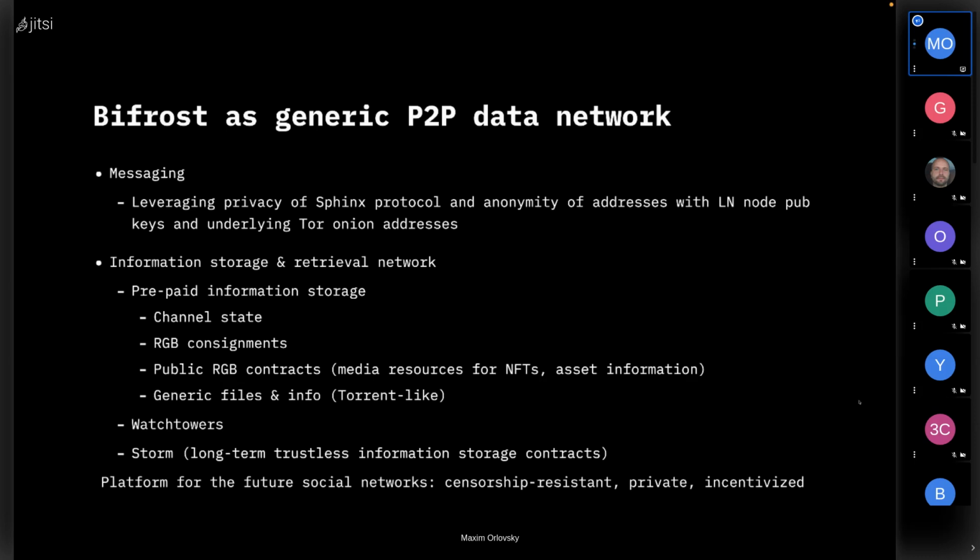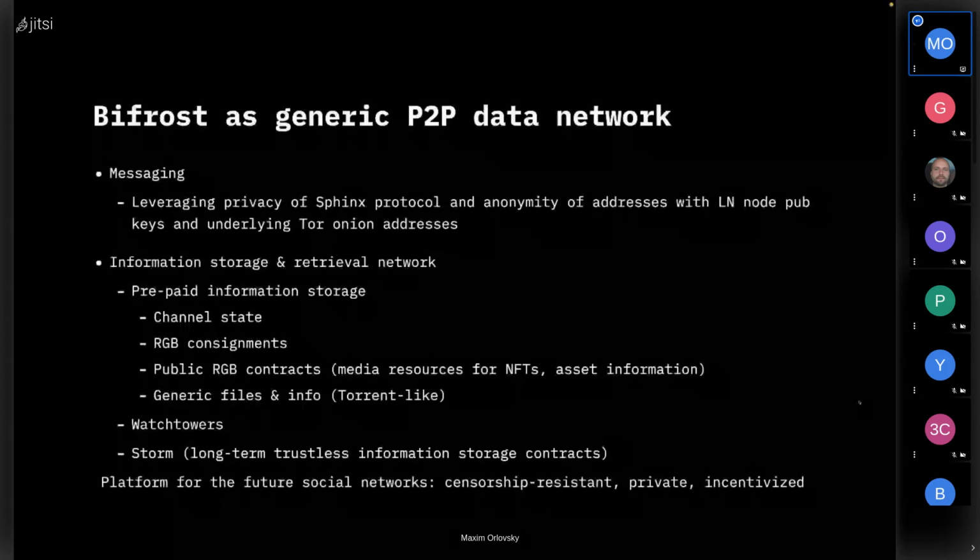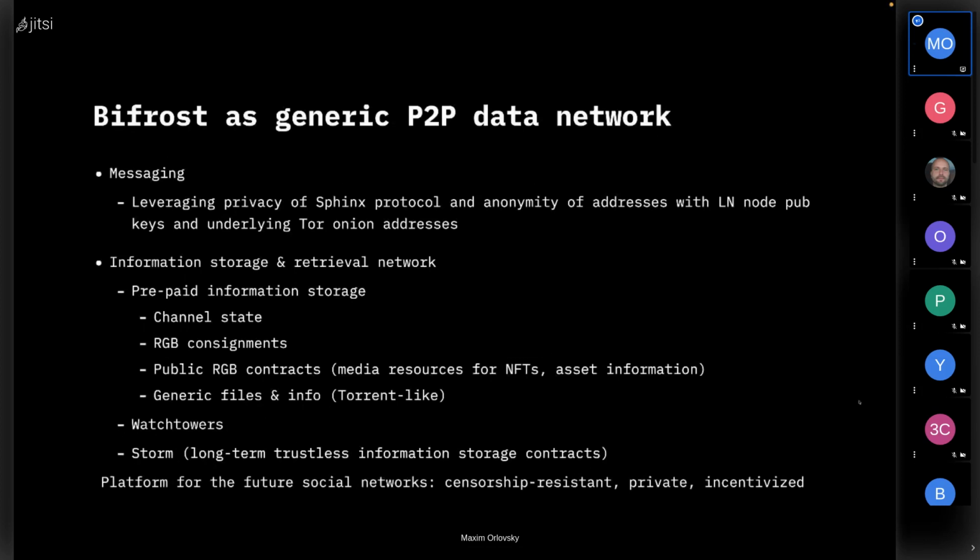It may also store public RGB contract information such as asset information from issuers or media resources for NFTs, and even generic files and information in a torrent-like way, but paid with Bitcoin.